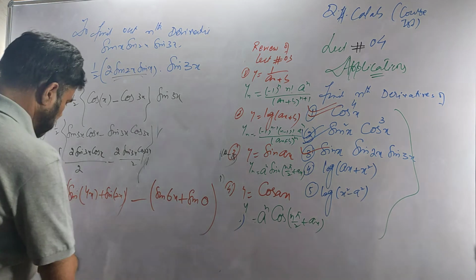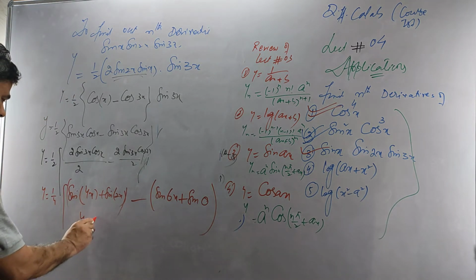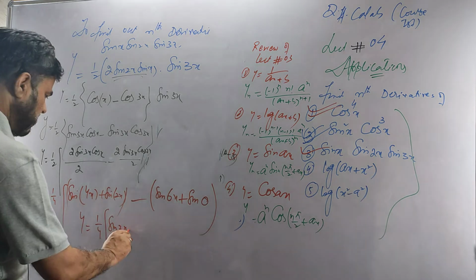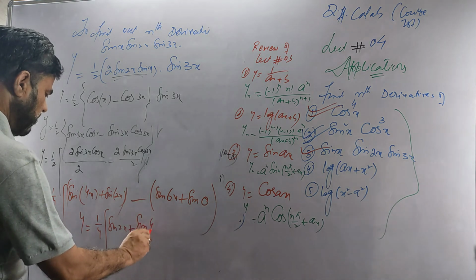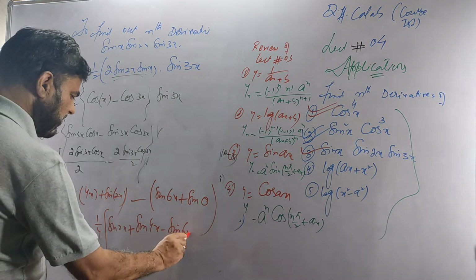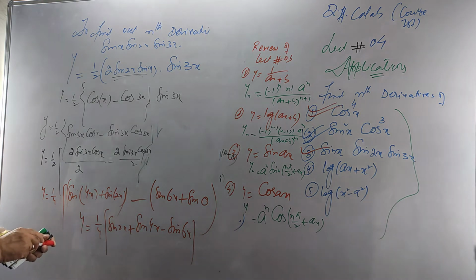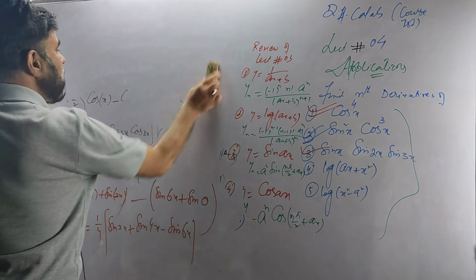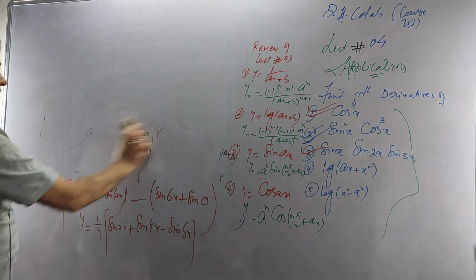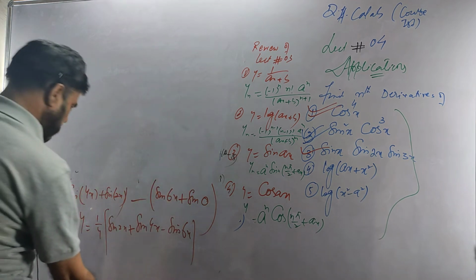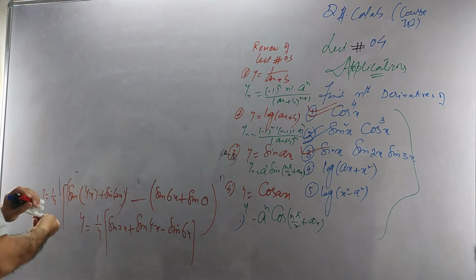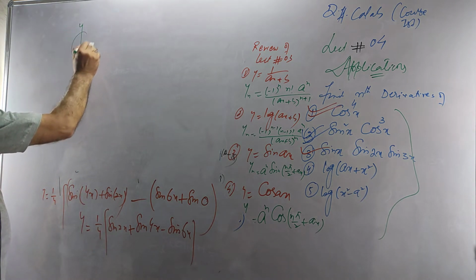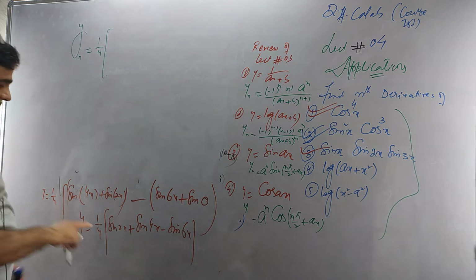Now you can write down the nth derivative for this. y is equal to 1 by 4, I will write in order, sine 2x, plus sine 4x, minus sine 6x, because sine 0 is 0. Then you can write down the nth derivative. You have 1 by 4 out, the multiple constant.